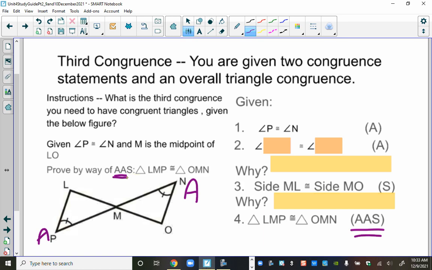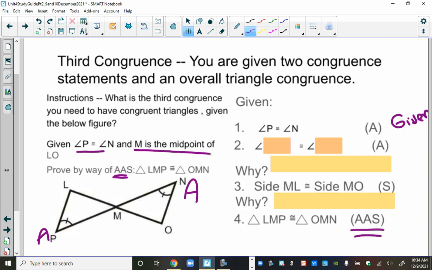Right away they told us this piece of information, right? That's given. So we agree. Angle N and angle P are congruent, right? Now, another piece of information is actually here.